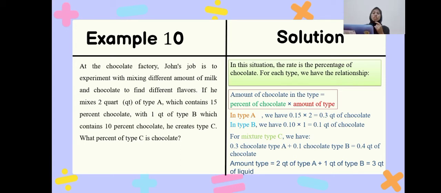For mixture type C, we have 0.3 chocolate from type A plus 0.1 chocolate from type B is equal to 0.4 quart of chocolate. And the amount of type is equal to 2 quarts of type A plus 1 quart of type B is equal to 3 quarts of liquid.